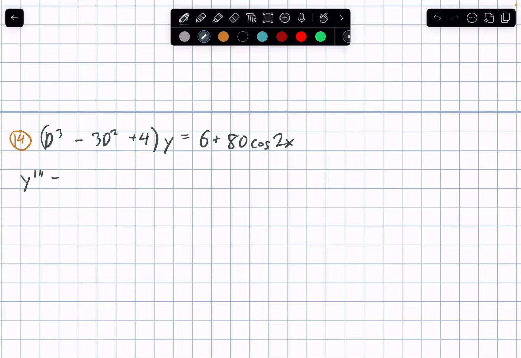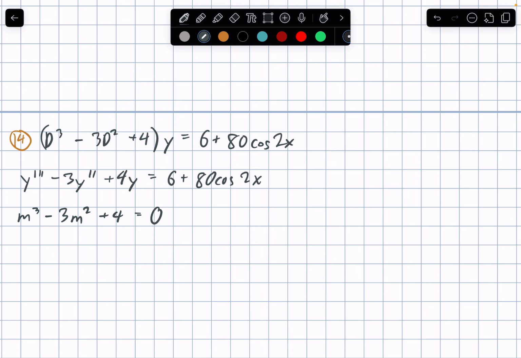Let's solve this problem. Y triple prime minus 3 y double prime plus 4y. M raised to 3 minus 3m raised to 2 plus 4. Equate to 0. Okay, so how do we factor?